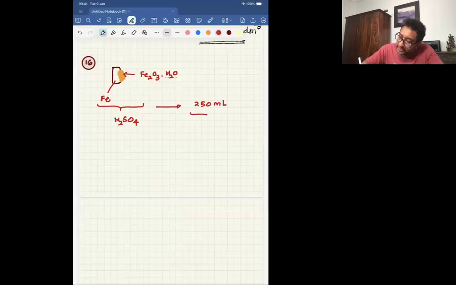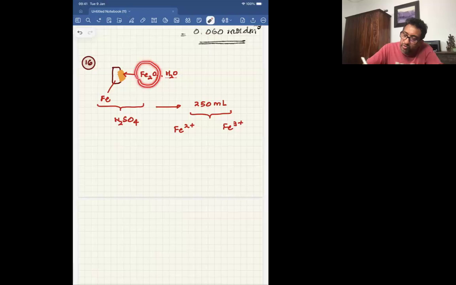So this solution contains both Fe+2 and Fe+3. Fe+2 comes from the unrusted part. Fe+3 is the rusted part. Look at my laser pointer, I'm talking about this one. The oxidation state of that material is plus 3. This is Fe.